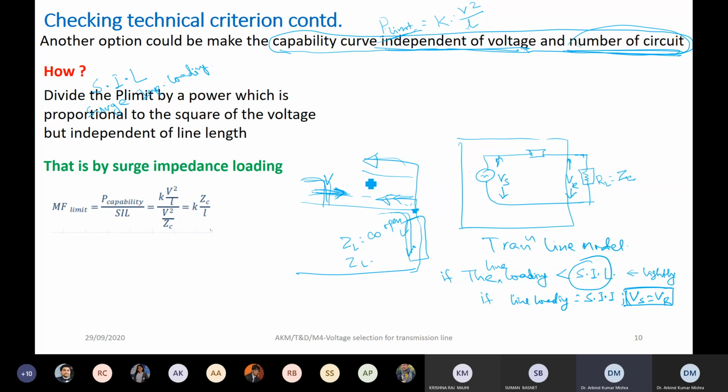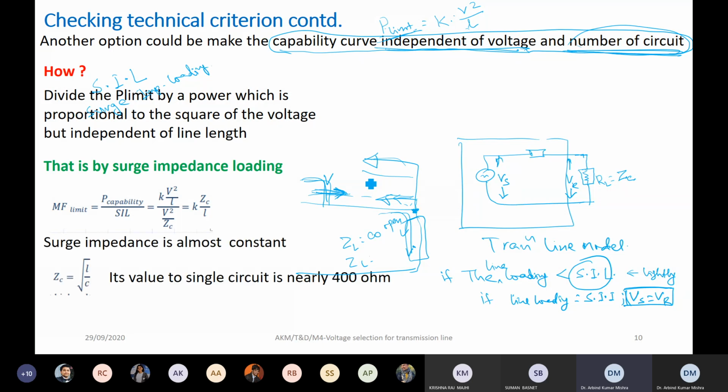Since this is constant, you can say that this MF limit depends only on, and is inversely proportional to, the line length. Since the surge impedance is almost constant, ZC, as I've given, its value for a single circuit is 400 ohm. That means this MF limit, whatever is calculated above, is inversely proportional to the line length only.